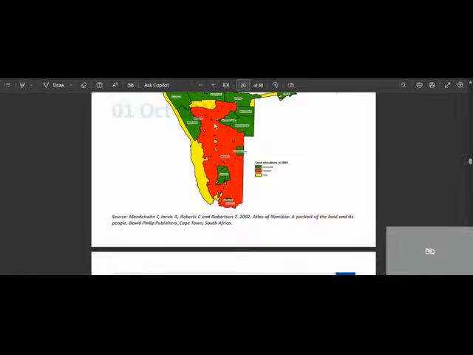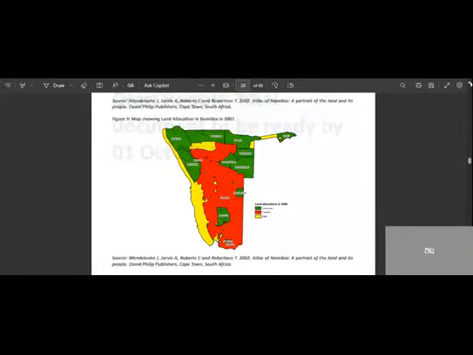All this yellow is the Namib Desert, this is Erosia, and then the red is freehold. The farmland, now they call it freehold. Imagine that.